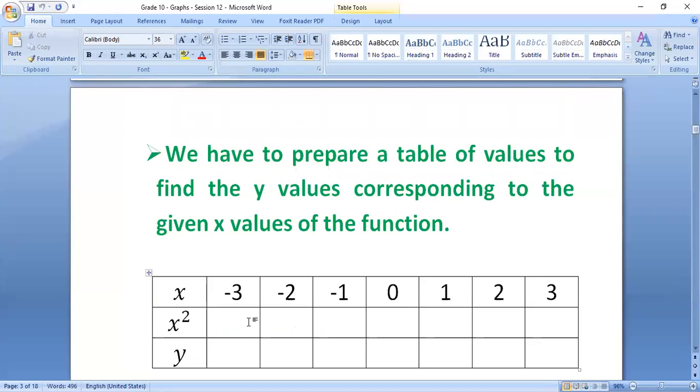When the value of x is -3, x squared will be -3 times -3, which is +9. -2 times -2 will be +4, -1 times -1 will be +1, 0 times 0 is 0, 1 times 1 is 1, 2 times 2 is 4, 3 times 3 is 9. And the y values will be the values we obtain for x squared. So I can fill the table like this.